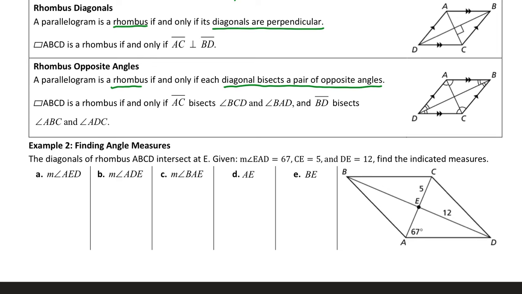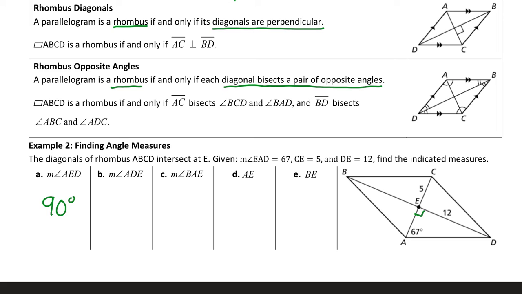The measure of angle AED is 90 degrees because diagonals are perpendicular in a rhombus.